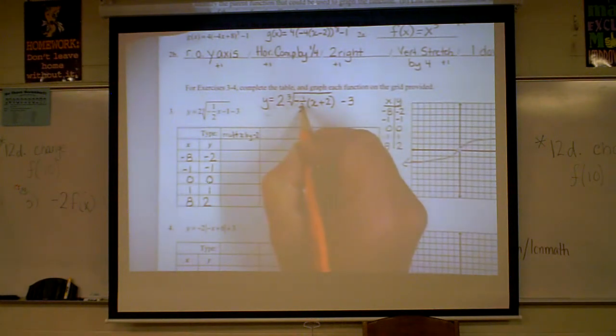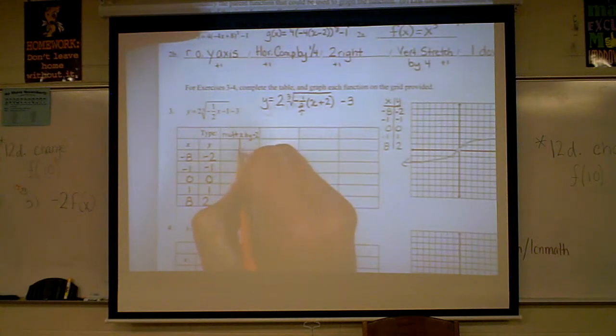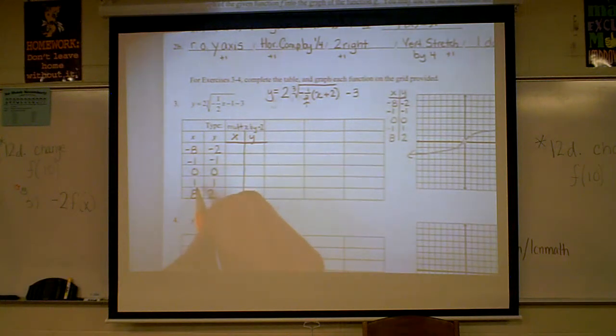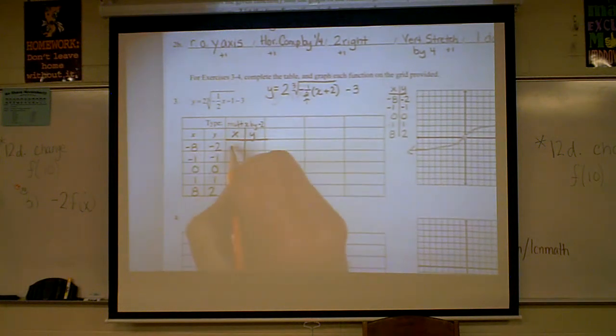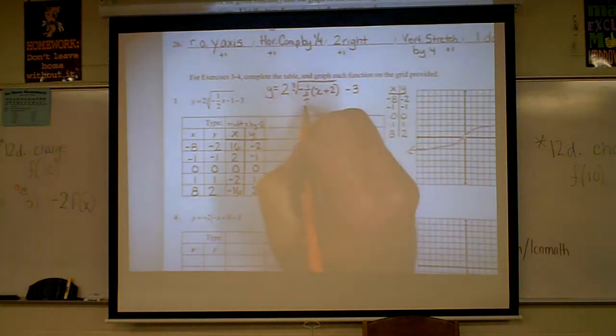Remember, you flip this number, and then you multiply all the x values by -2. So I'm going to divide this column into 2, x and y. Taking all these and multiplying them by -2, you get 16, 2, 0, -2, and -16. You're going to keep these y values the same. Next, so that's A.